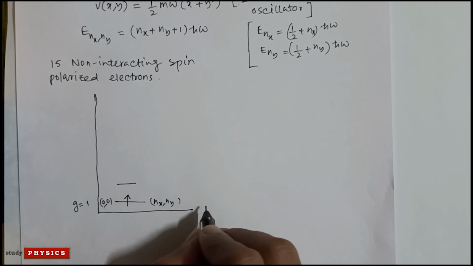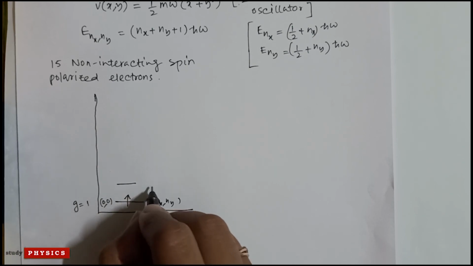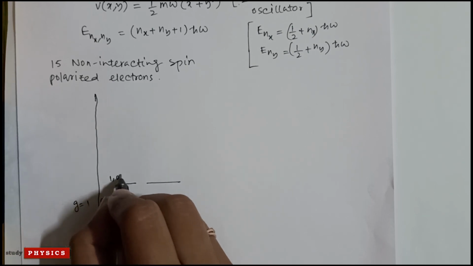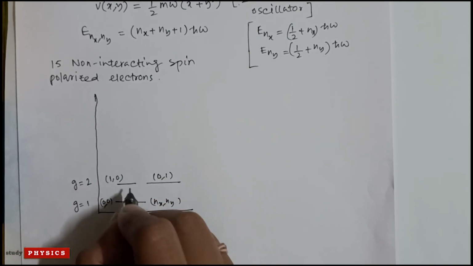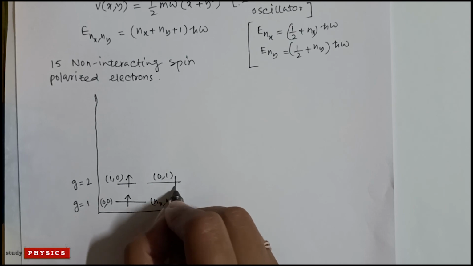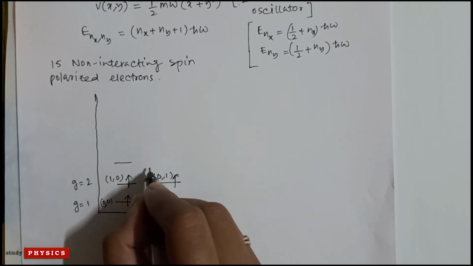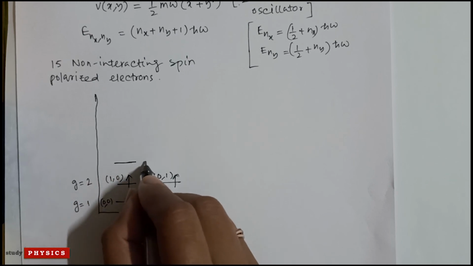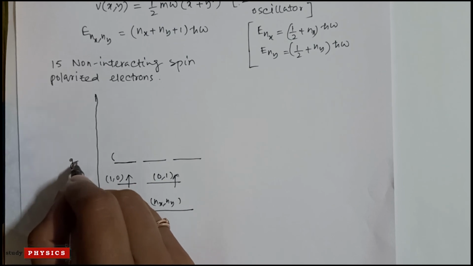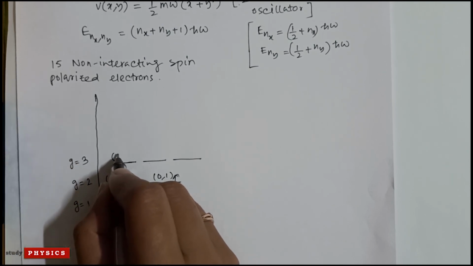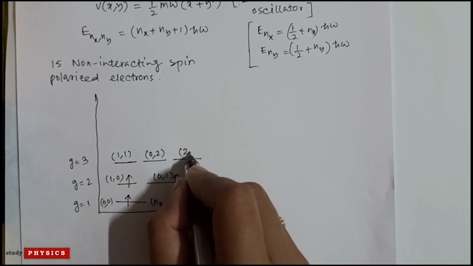In the first excited state, this is 1 0 and this is 0 1, and degeneracy is 2, and here is one spin polarized electron in each state. In the third state, degeneracy is 3, so this is 1 1, 0 2 and 2 0.